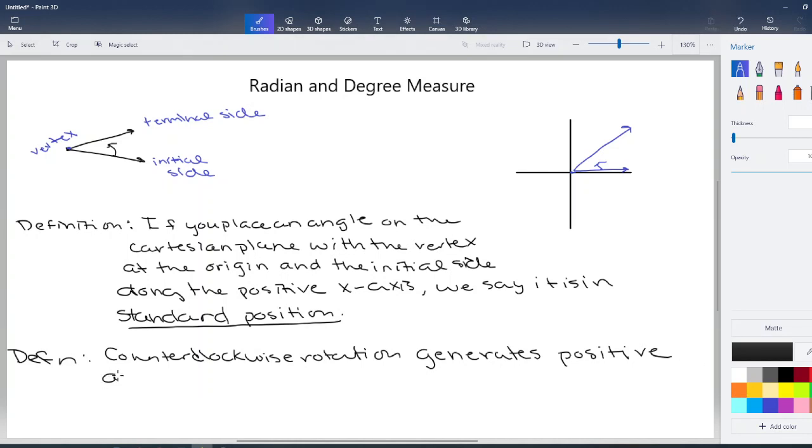Now you can see from the example that we have over here, when it opens counterclockwise from the positive x-axis, we can see it as positive opening because it's opening what looks like upward. Whereas clockwise rotation will look like it's opening down, so we say that this generates a negative angle.